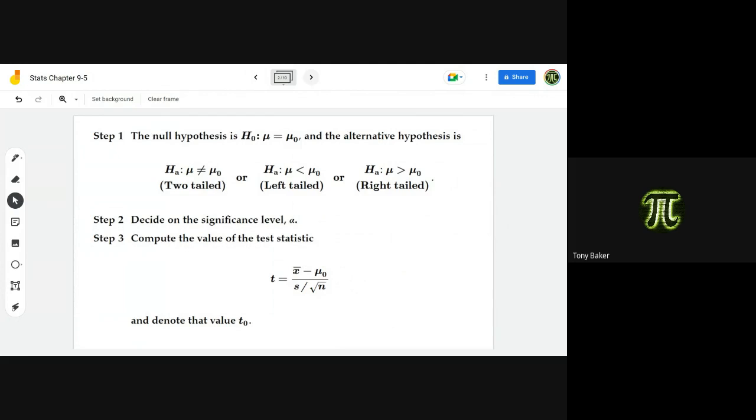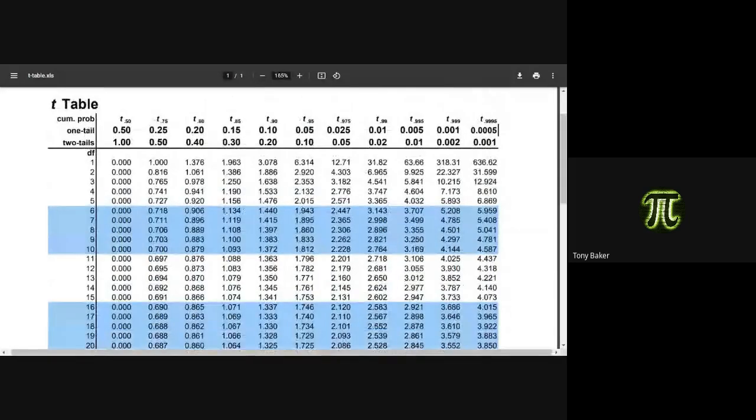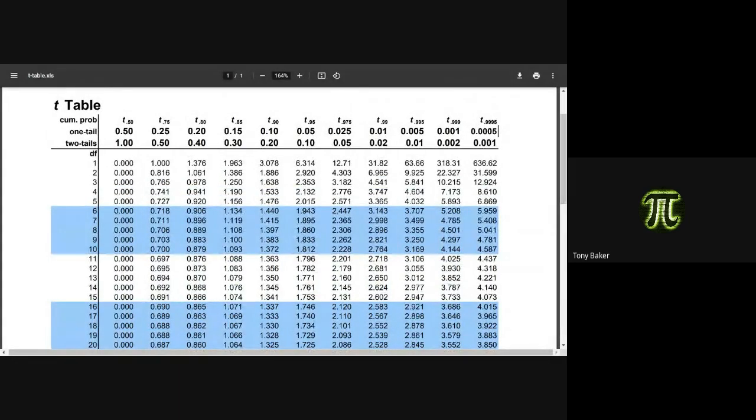Depending on the t-table you're looking at, I don't know if the one in your book has the one tail and two tail. This is the one I use typically online. You'll notice it has the one tail and the two tail there, so you can actually look at the breakdown.